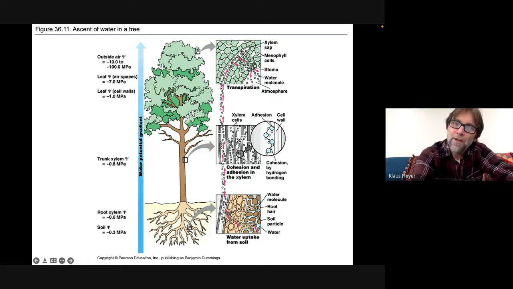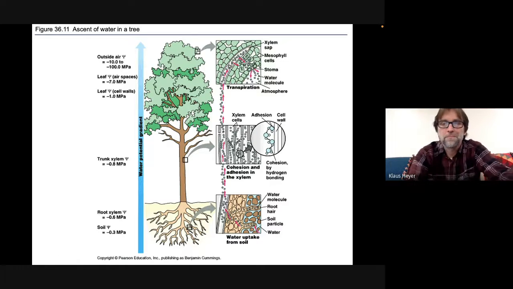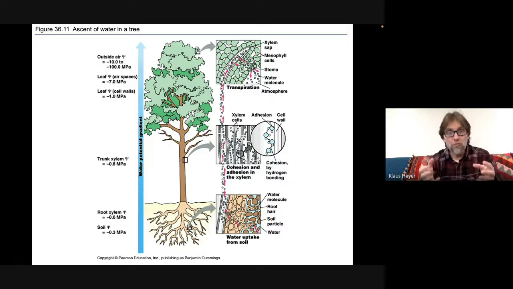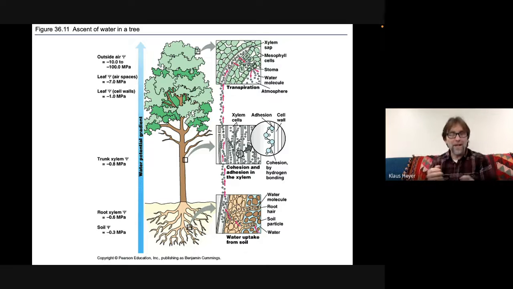And it pulls on the next water, on the next one, on the next one, all the way down to the roots and all the way down to the water around the roots. So that's one mechanism by which plants can move water through the tree or through the plant, right? Because it's got to go against gravity. You're pulling the water from the ground. How does it get up to the leaves?